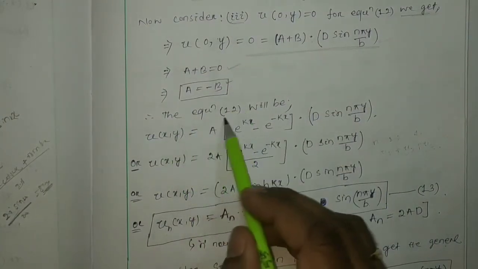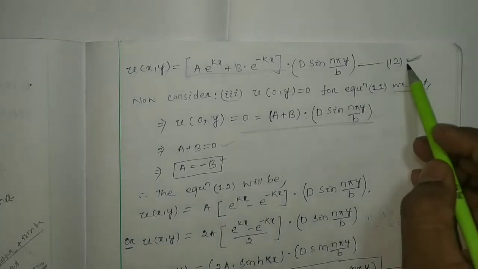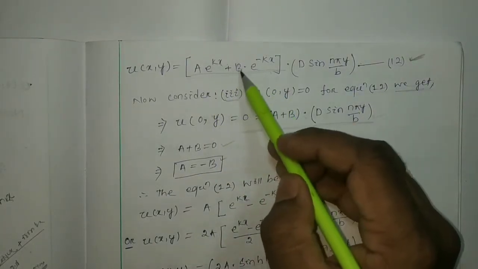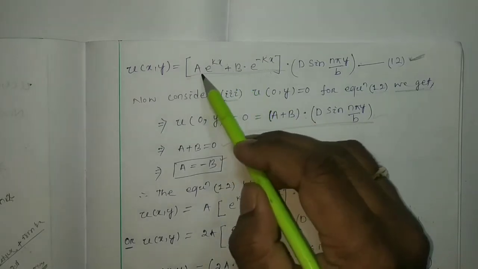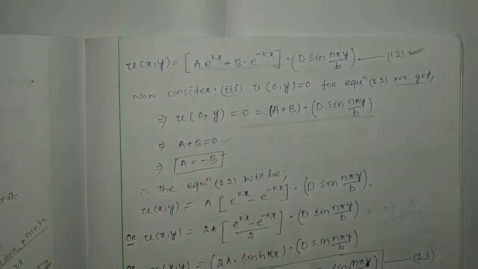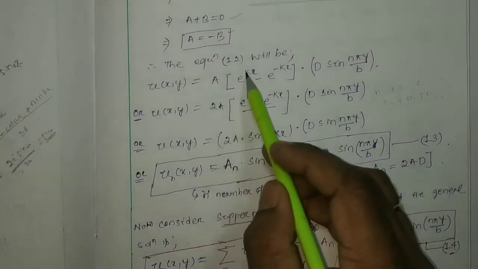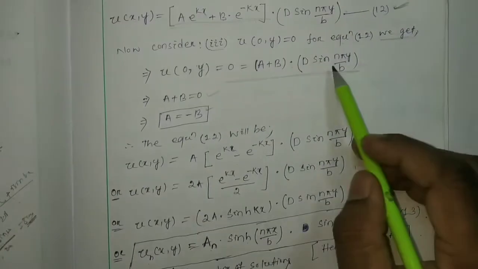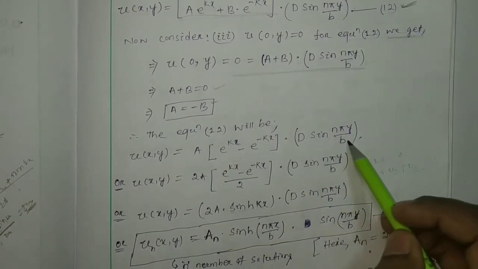Now in equation number 12 we put b equal to minus a, right? So it will be a e to the kx minus a into e to the minus kx. Taking a outside, e to the power kx minus e to the minus kx, into d sin n pi y by b.